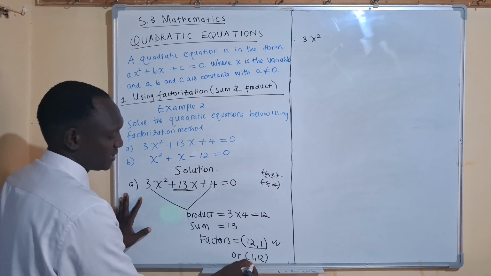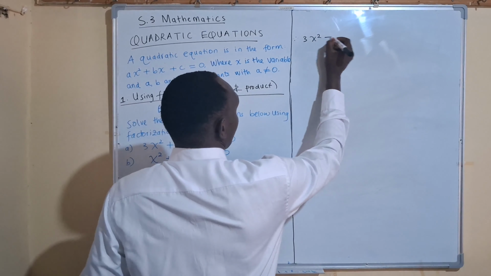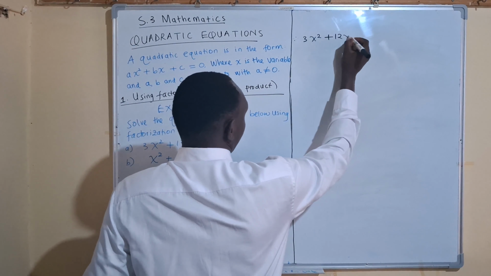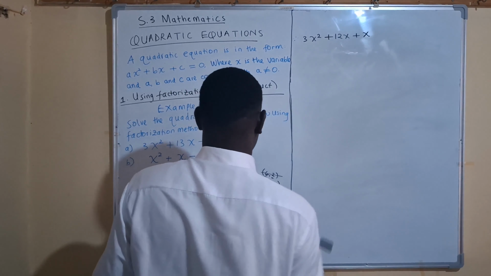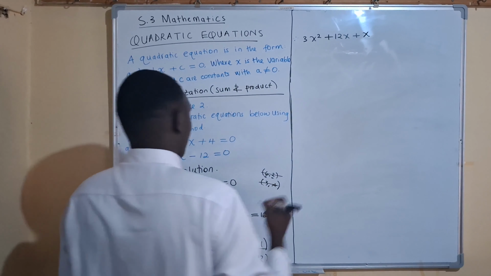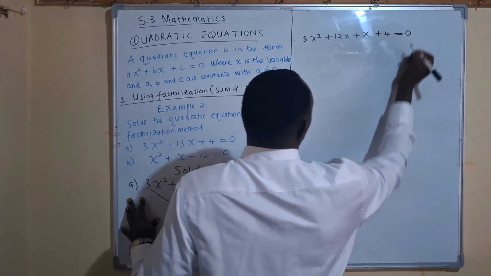Let me pick the first one, 12 and 1. So I will say plus 12x plus 1x, which is the same as x, and then plus 4 equals 0.